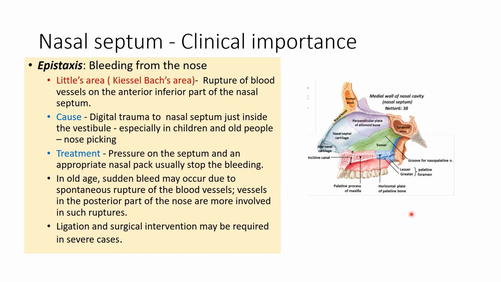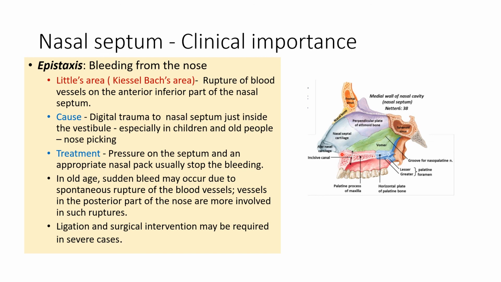And the rupture of vessels in this part of the septum will result in severe bleeding, and the cause for this bleeding is the digital trauma to nasal septum just inside the vestibule. This is seen especially in children and old people, and the commonest thing which they will be doing is nose picking. And the treatment is pressure on the septum and an appropriate nasal pack to stop the bleeding.